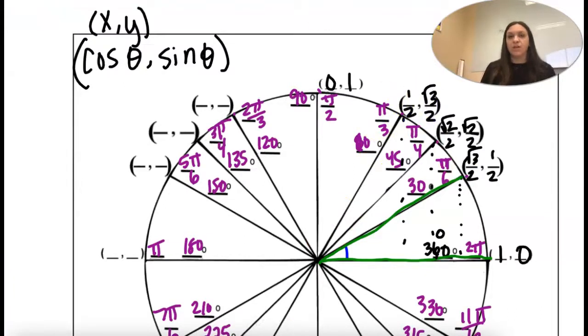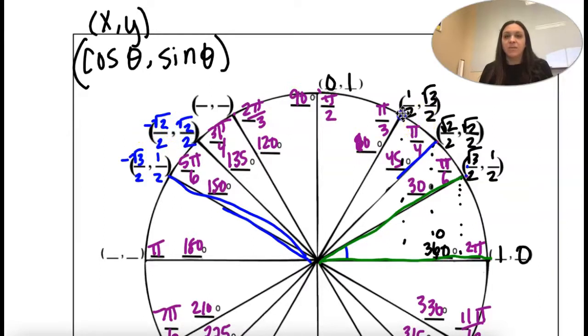And then for the rest, you just get to mirror the points. So over here, this line to this line, all that changes is now the x value is negative, but the y value is still positive. Mirror the point over, x value is negative, y value stays the same. Same.